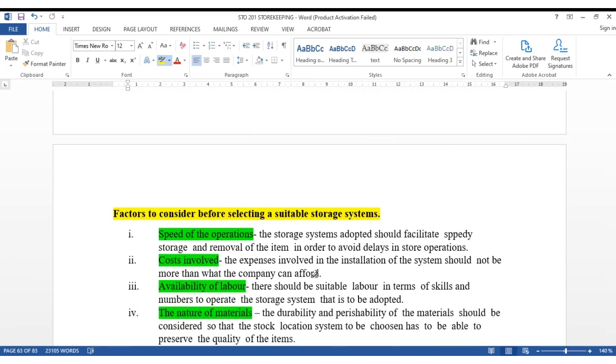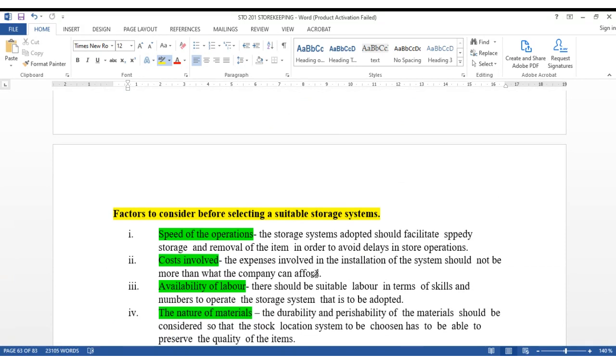A computerized system also needs certain skills that are necessary in operating such a system. So that is a very important aspect to consider. So when you have available labor, people with skills, then you can implement a computerized system.